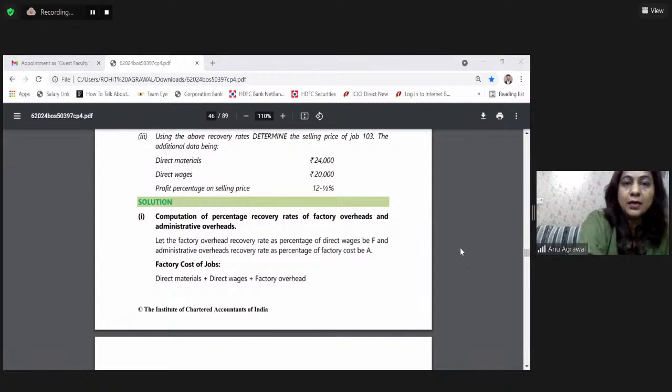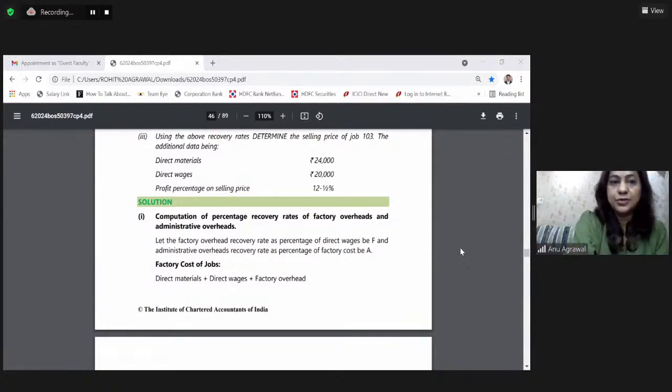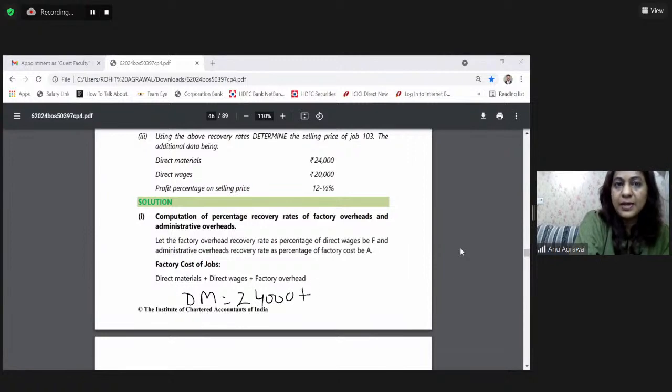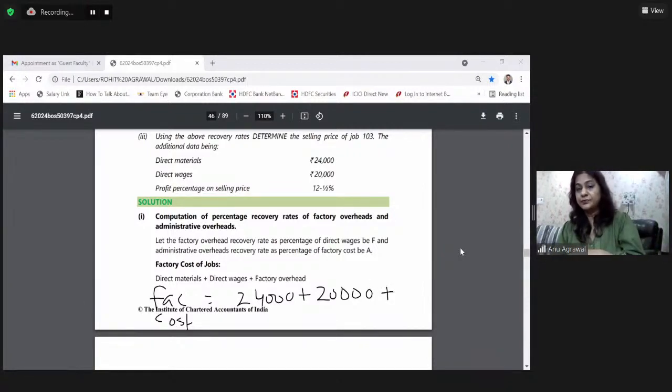They are saying that factory cost is a percentage of direct wages. So if your direct material is 24 plus your direct wages is 20,000, what is factory cost? Factory cost is equal to direct material plus direct wages plus a percentage of direct wages.